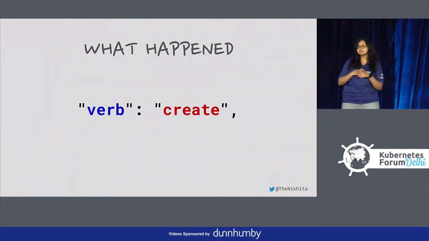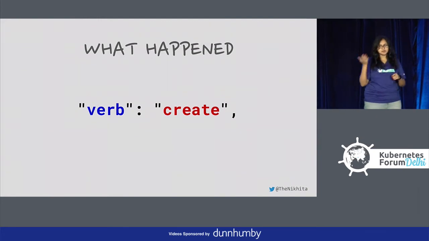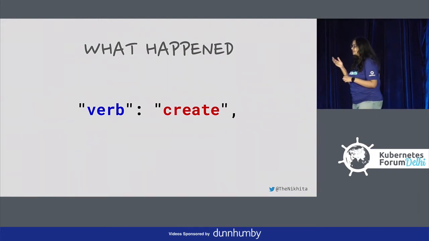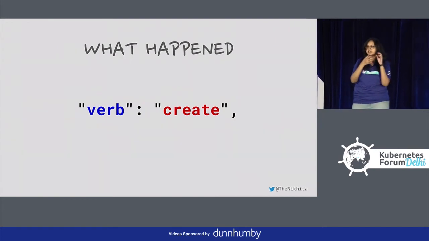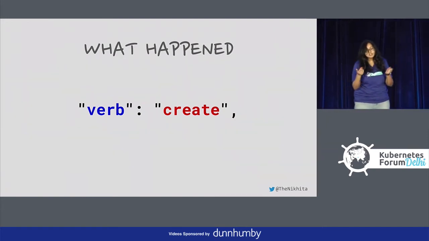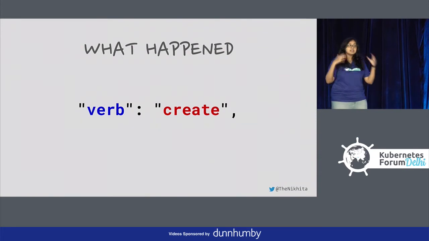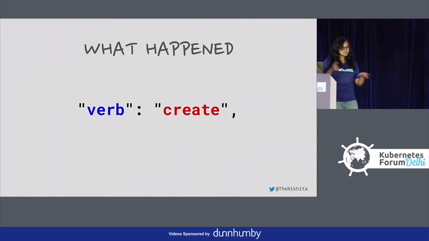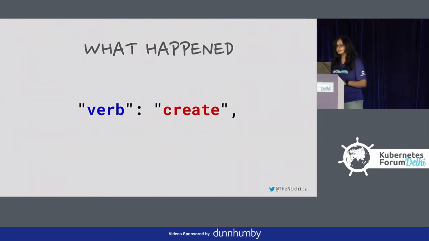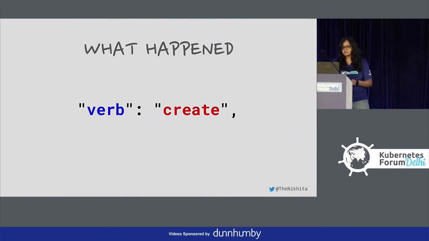So if you did something like a kubectl get pod or a kubectl create secret. So the verb in this case is get, create, update, delete, list. So it tells you about what happened in the cluster using the verb. In this case, in your cluster, since let's say a secret got created, the verb would be create.